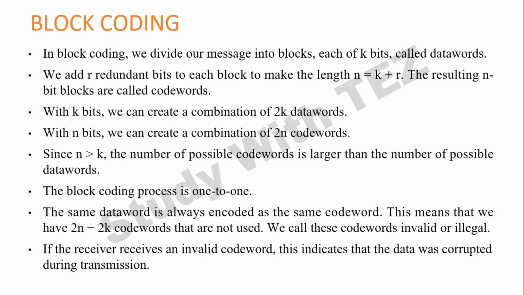The basic idea here is, in case the receiver receives an invalid code word, it indicates the data was corrupted during the transmission. If it falls in the valid list, then the data received was not corrupted and it is error free. If it falls in the invalid code word list, then it was corrupted.